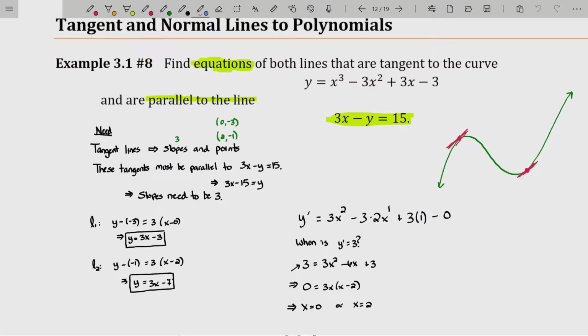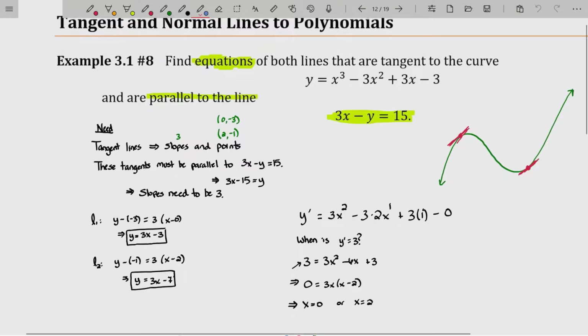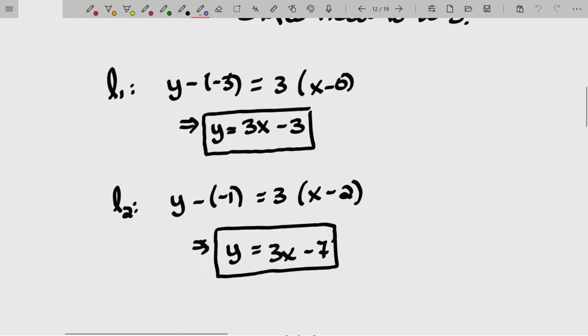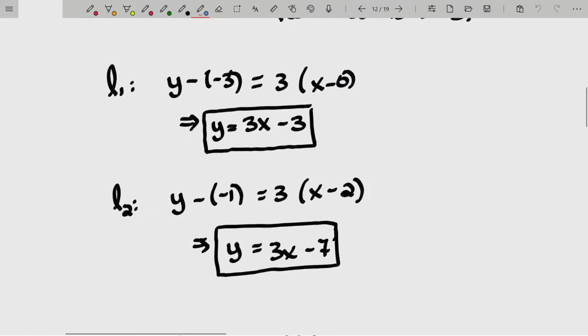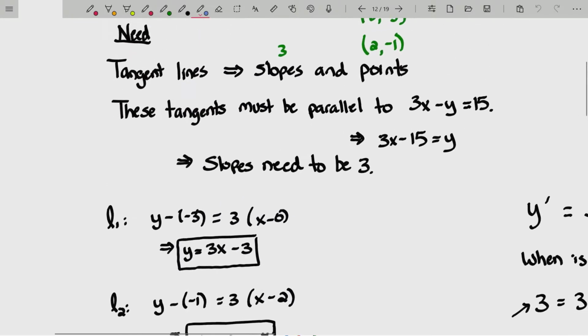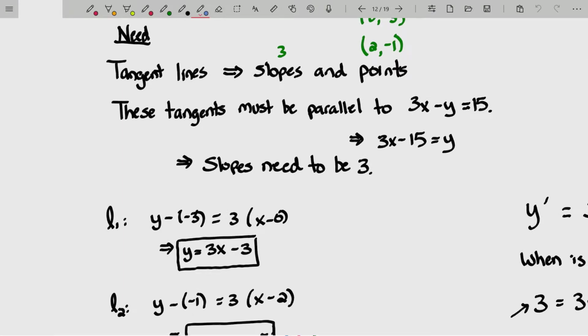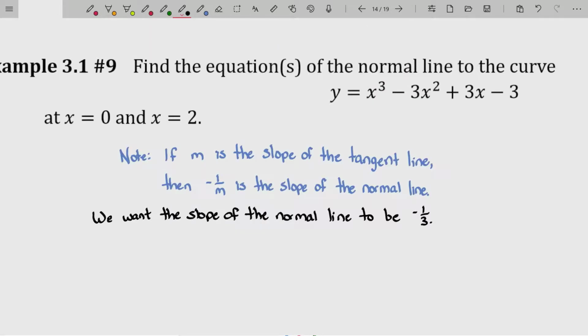Recall from the tangent line problem that we had first here, we had our slopes of 3 for both of our tangent lines, right? The slopes need to be 3 for the tangent lines for that same curve. So in this case, we need the slopes of the normal line to be -1 over that 3. And honestly, this is not a calculus problem now. It is just an algebra problem because we have the 2 points.